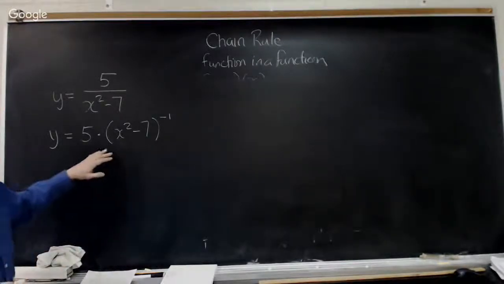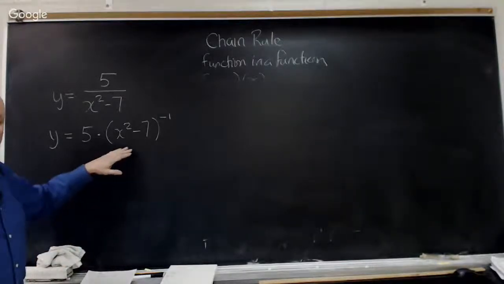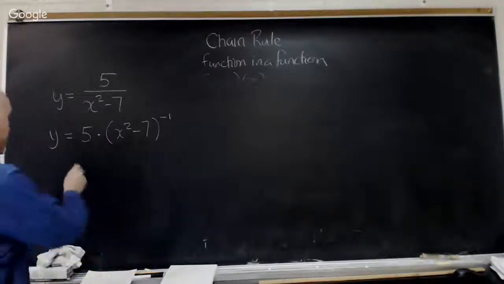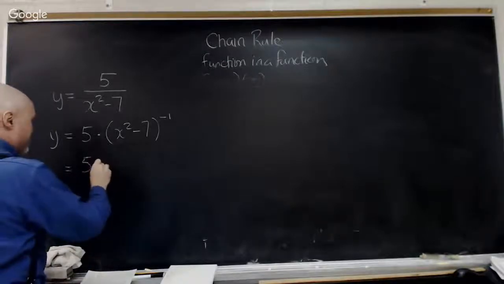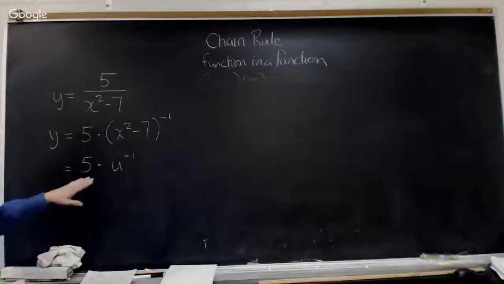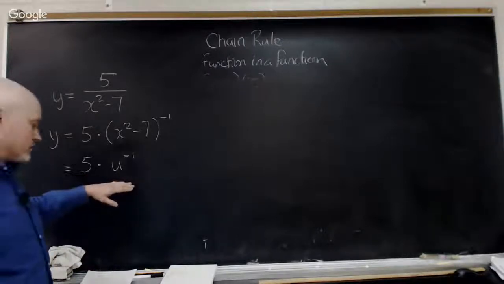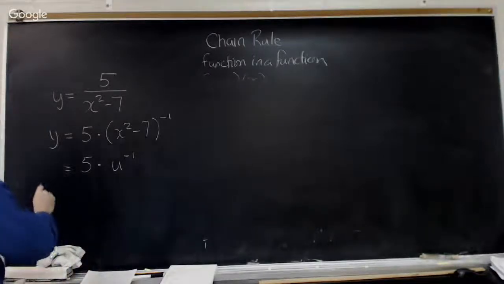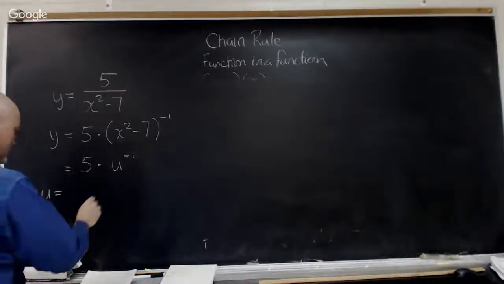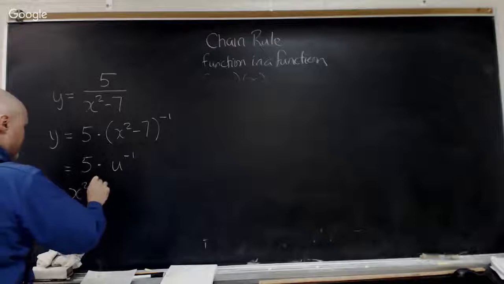Now, this is going to be a little bit simpler if I choose x squared minus 7 as my inside function. So I'm going to choose my u to be this: 5, a constant, times u to the exponent negative 1. In other words, I've said u is equal to x squared minus 7.